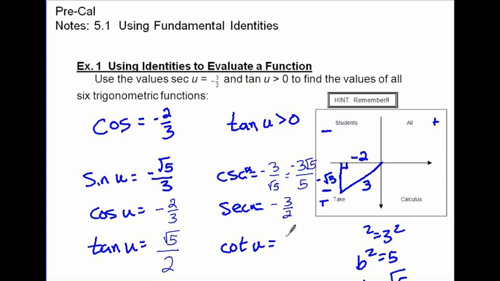The cotangent is going to be 2/√5, but of course we had to rationalize the denominator, so that's going to be multiplied by √5 and √5. We've been doing that for a while, so I'm not going to show those steps, and that goes to that. So there are your 6 trig functions.